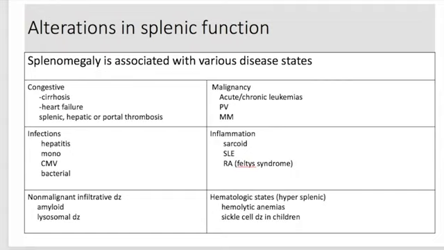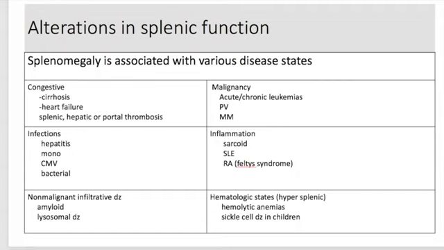There can be multiple ways that we get problems within the spleen, such as cirrhosis and heart failure. That's related to, remember, that we go into the portal vein. So if we have any problems there, we can have a congestive issue, which backs up into the spleen. We can have some malignancies, such as acute and chronic leukemias, polycythemia vera, and multiple myeloma, which can affect splenic function.